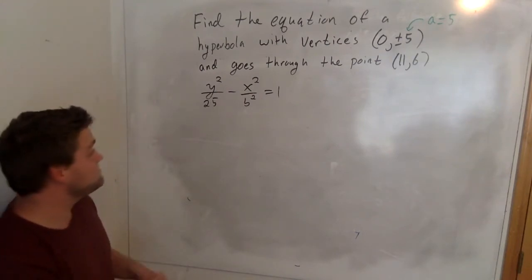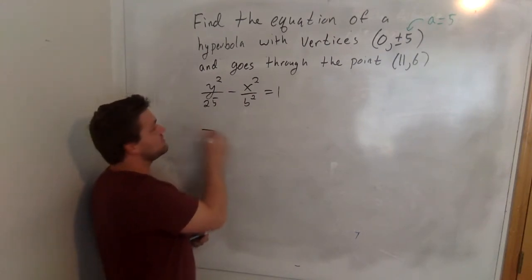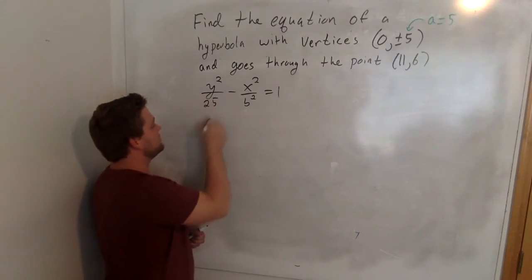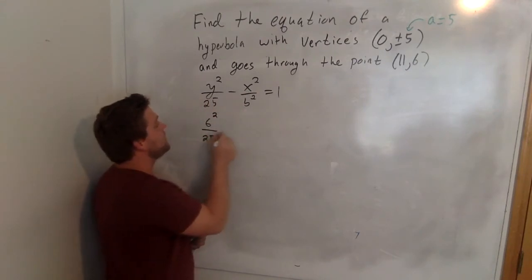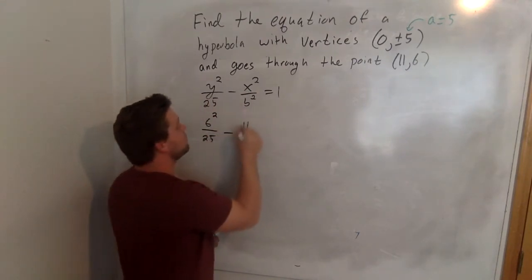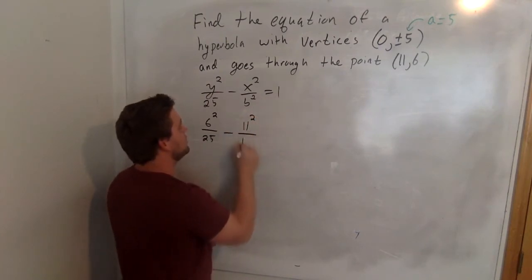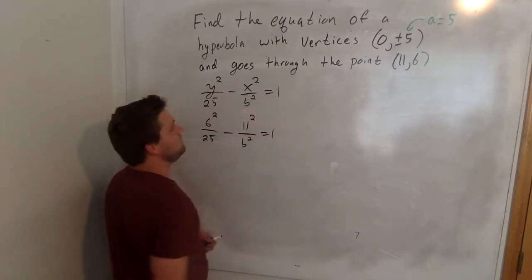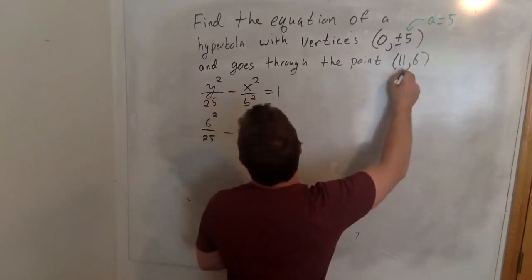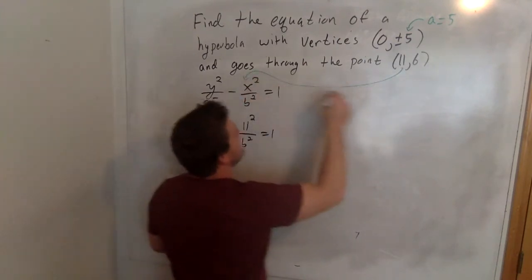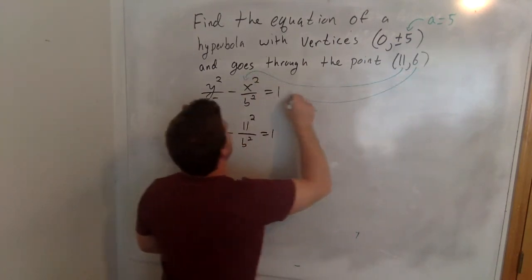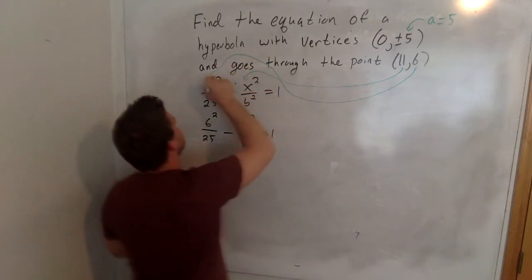Okay, let's do it. Our y is 6, so we'll have 6 squared over 25 minus x squared, or in this case 11 squared, over b squared will be equal to 1. So we substituted in 11 for x, and 6 for y.